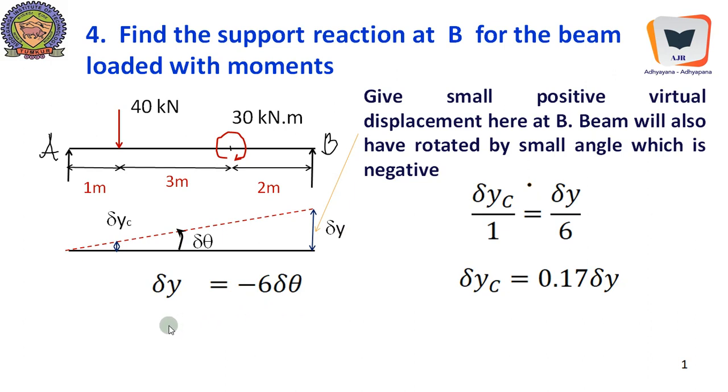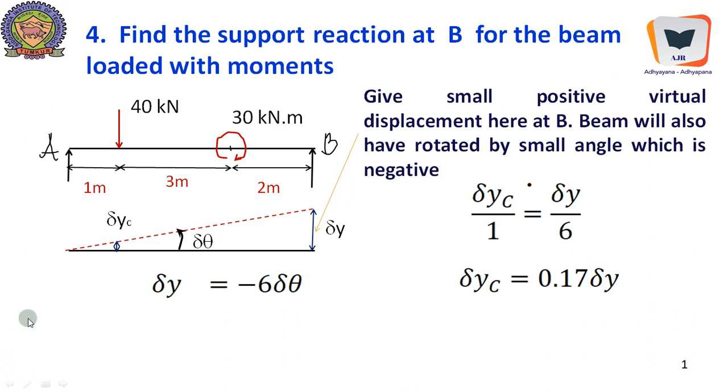It is something related to the segmental length of a given circle of radius r. If radius is r, and if a segment subtends an angle of theta, the length of the segment is r theta, and here the radius is the span of the beam, and theta is the rotation that has happened.